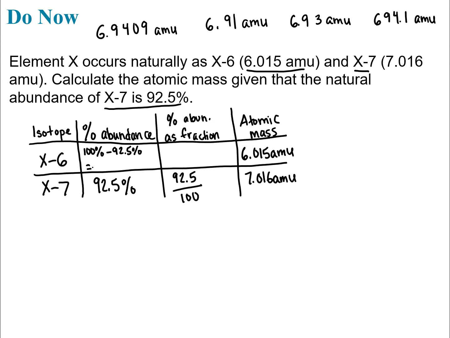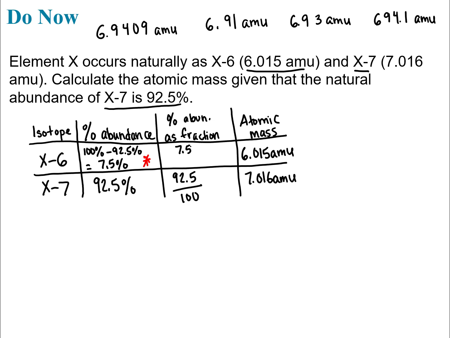So when you do that, you should get 7.5% abundance for X6. That was the key point. If you could not figure that part out, you couldn't solve the rest of the problem.